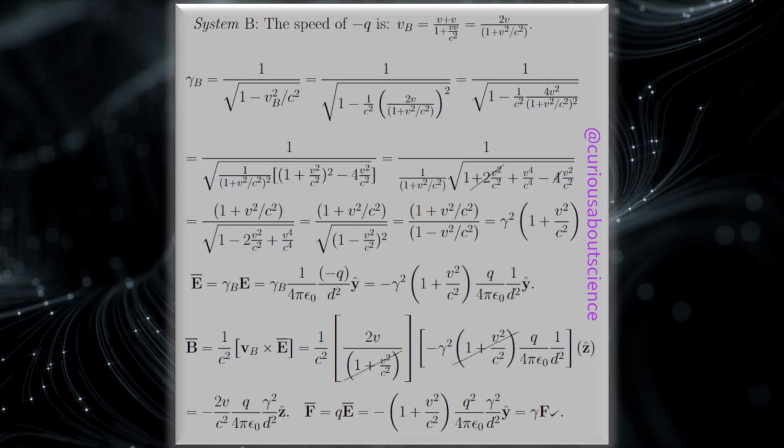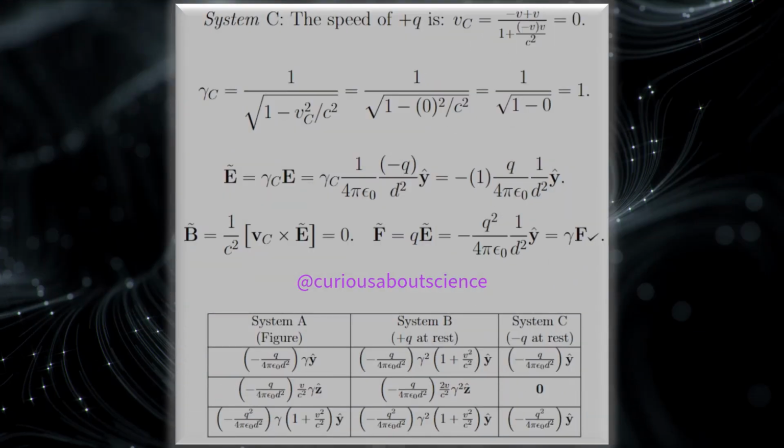And so our last system to encounter here is system C. So the speed of plus Q, now that that's moving and we're holding the other one stationary, we see here that we have negative V plus V because we're moving the frame in the opposite direction of this original Q direction that we had in order to account for it.